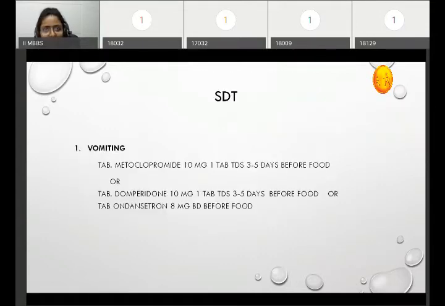So coming to the SDT, first one, that is vomiting, or you can say emesis also. The pathophysiology behind this is that it occurs because of the stimulation of the vomiting center present in the medulla oblongata, that is the chemoreceptor trigger zone, CTZ, or the nucleus tractus solitarius.